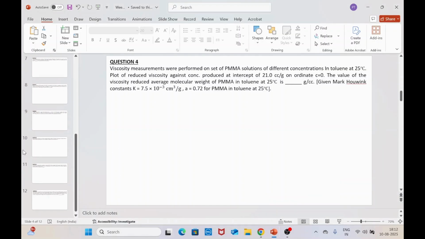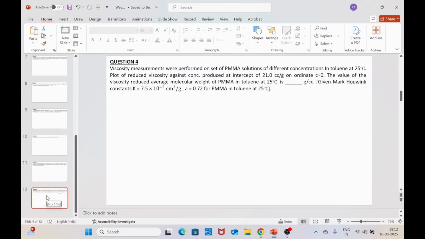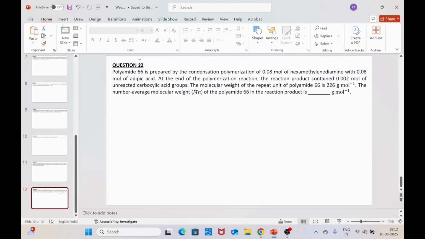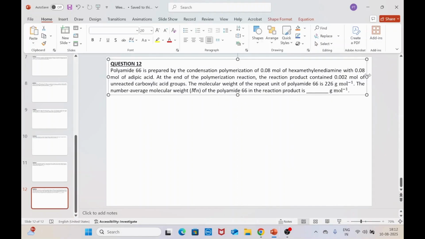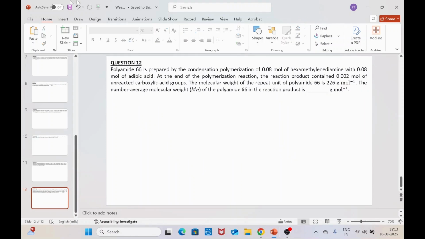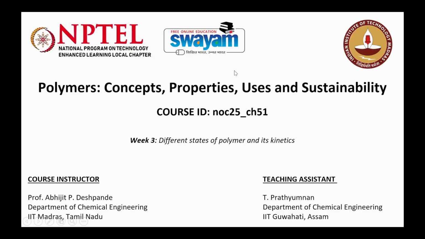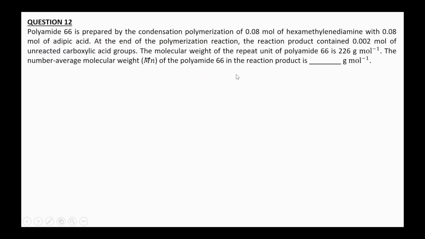Before going to this one, let's go to question number 12. This was related to week 1 and week 2, but it's fine. Polyamide 66. I hope now everybody knows what polyamide 66 is.